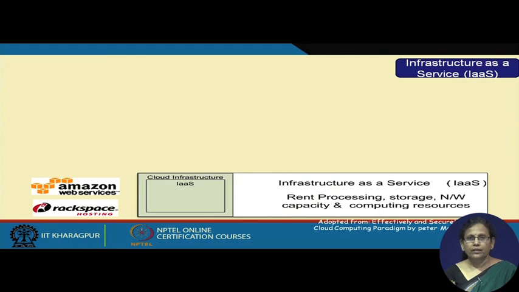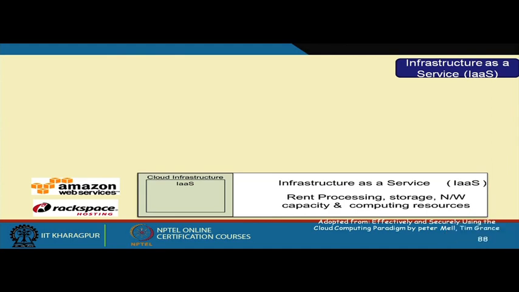So, if we look at this, at the lowest level is your infrastructure as a service, where you get the storage, computing resource, etc. with certain rent. Amazon Web Services is one example of this.